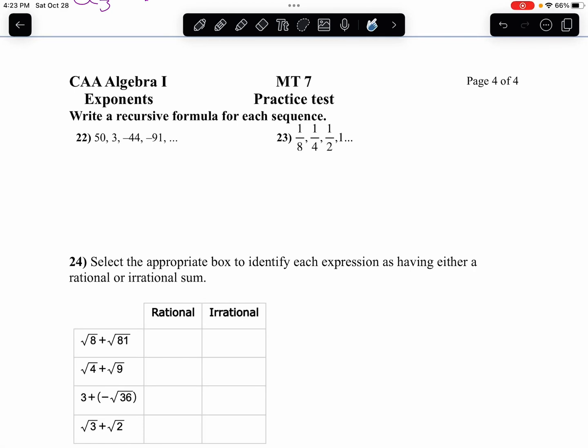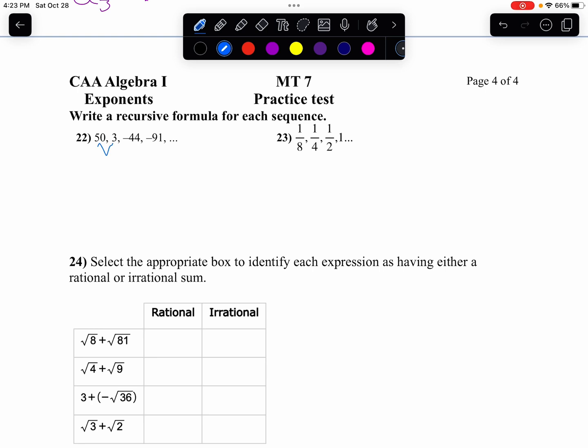On question 22, we want to write the recursive, so we have to figure out, are we doing arithmetic or geometric? Well, from 50 to 3, or 3 minus 50 is negative 47. Do I subtract 47 from 3 to negative 44?